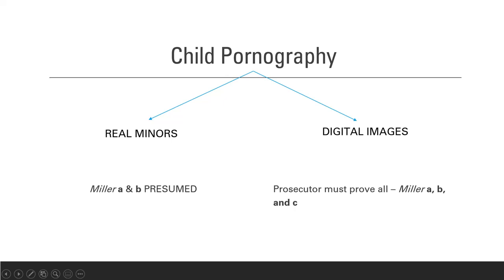Now that doesn't mean a prosecutor can't get a conviction. It means the prosecutor would have to actually prove the entire Miller test. The interest in giving prosecutors a presumption on A and B under Miller is to protect actual children.